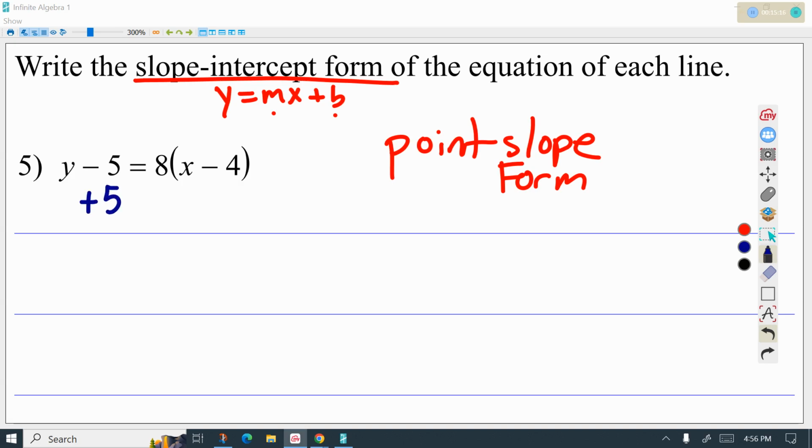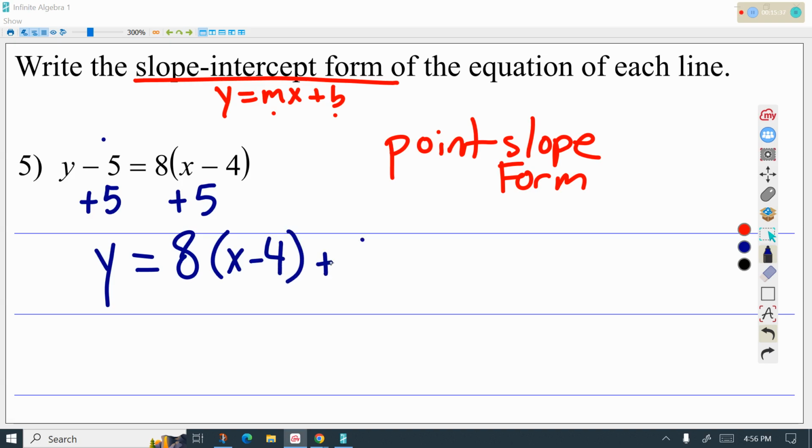Okay, so if I add 5 to both sides, right, that'll help us kind of begin this process. We'll go fix that 5. And adding 5 means, again, that I have to do it to the whole side, right? So again, because that's a negative is why I added 5. Okay? Then we got 8 times x minus 4. And again, it's the whole right side plus 5.